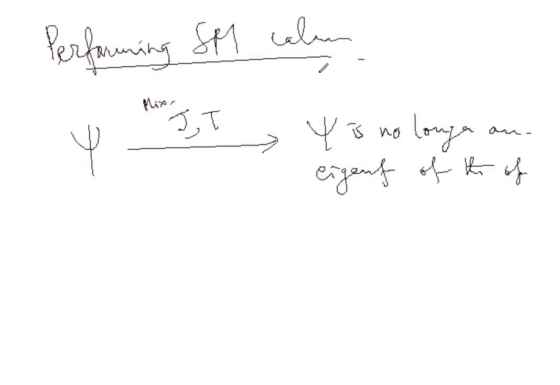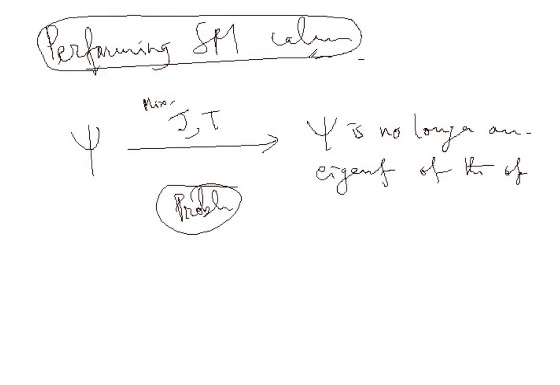Now this is a problem. So of course there is a solution, otherwise people would not be doing shell model calculations. So what's the solution?